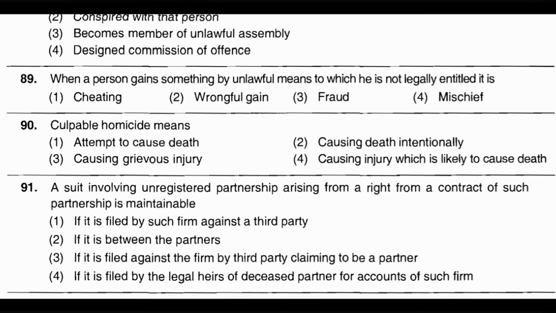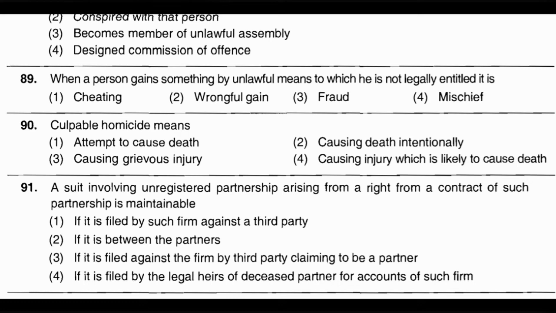Now question number 91. A suit involving unregistered partnership arising from a right from a contract of such partnership is maintainable. Option number 1, if it is filed by such firm against a third party. Option number 2, if it is between the partners.